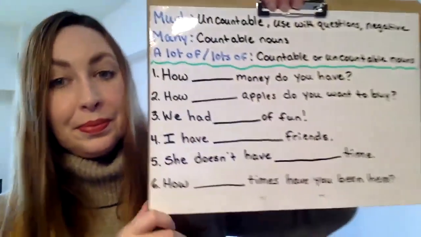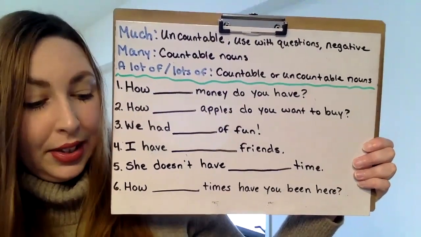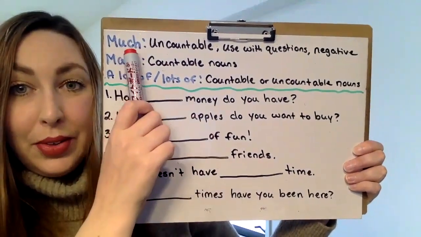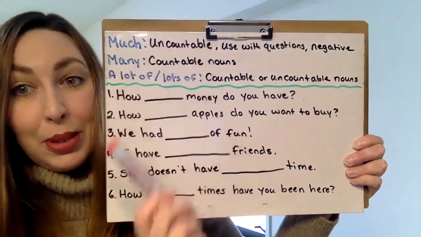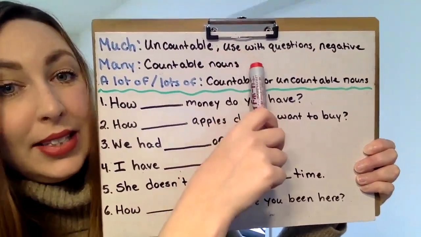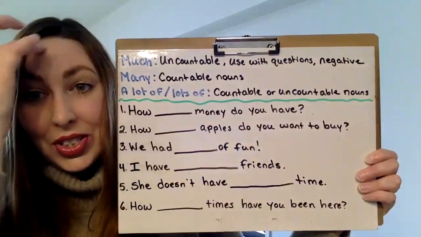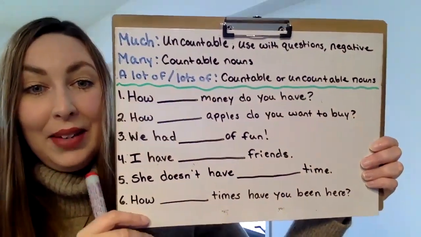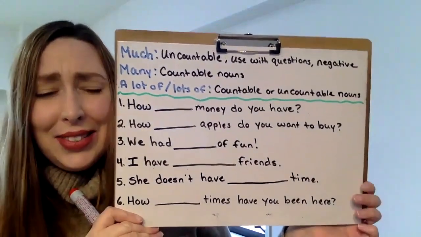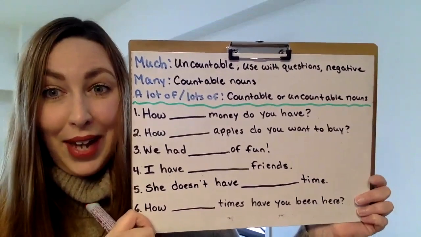So you can see at the top, I have it written out. Much, we use it for uncountable nouns, and we use this with questions and in the negative, okay? Please do not use much in the affirmative, okay?